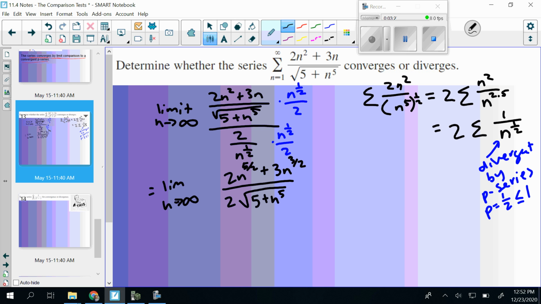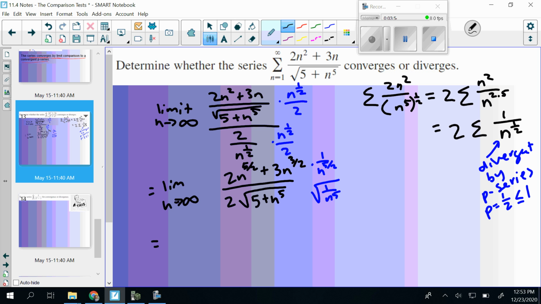All right, so next let's multiply by the biggest one here. So we'll multiply by 1 over n to the 5 halves. On bottom, let's do the same. That'd be like multiplying in the denominator by square root of 1 over n to the fifth. It would be an equivalent thing.